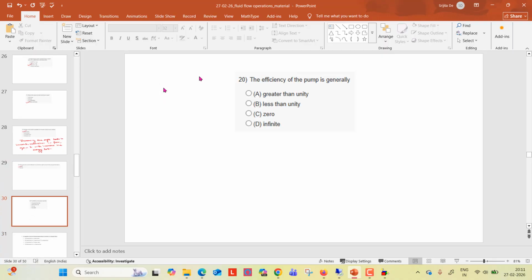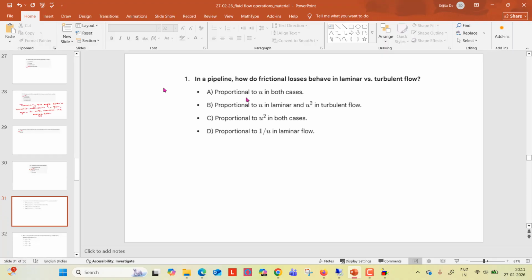Next, the efficiency of the pump is generally less than unity, because the pump cannot produce all the energy given, right? So it is always less than unity. In the ideal case it is equal, but in reality, it is always less than unity. Now we'll do some more questions.